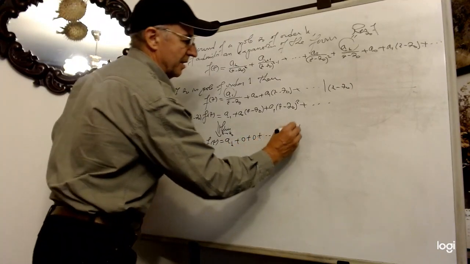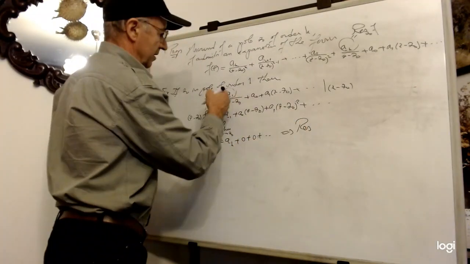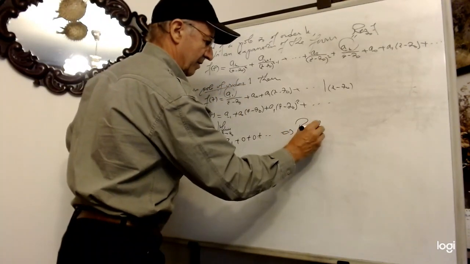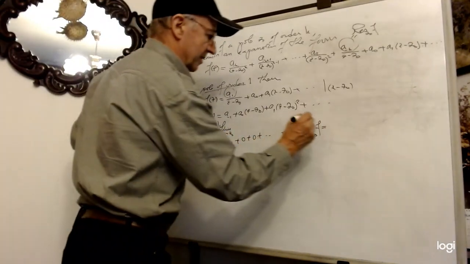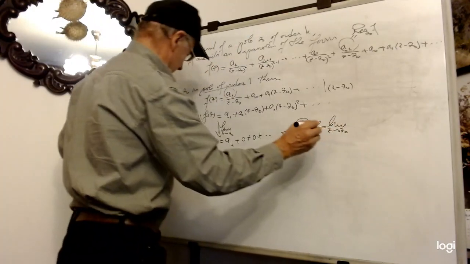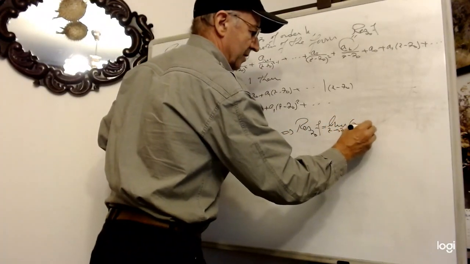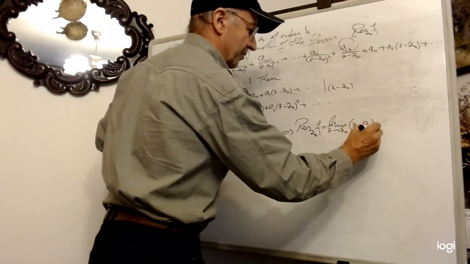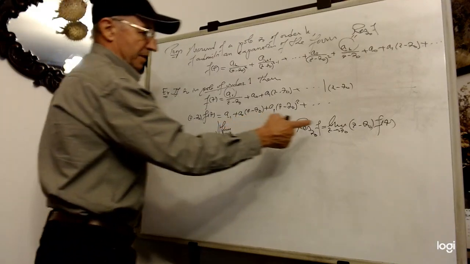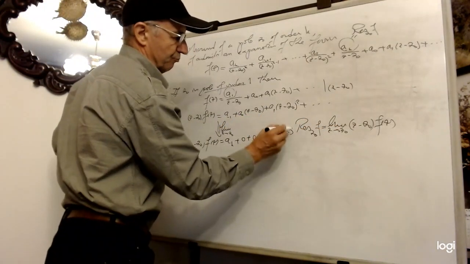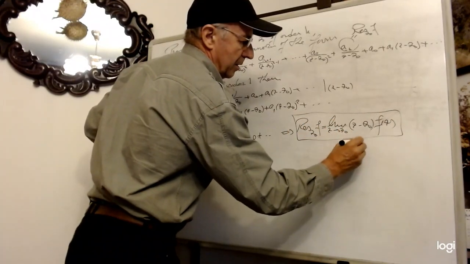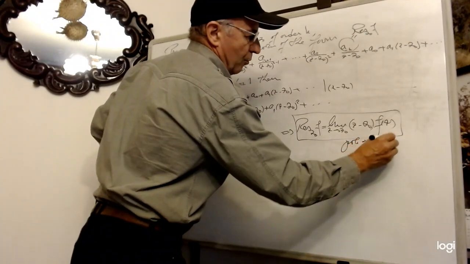So in the case of a pole of order 1, the residue at z0 of f can be computed as the limit for z going to z0 of (z - z0) f(z).